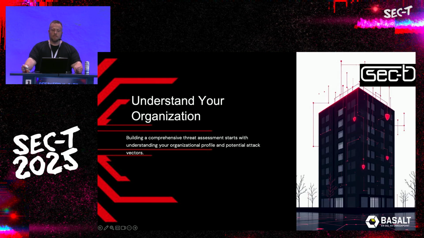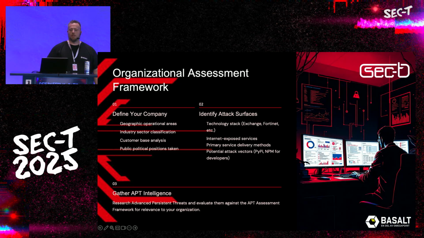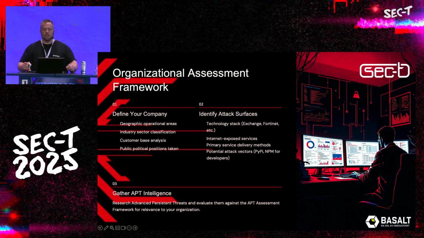So if we're going to do this, we need to first start to understand our own organization. You need to really put together your organization profile and what potential attack vectors it is giving. And looking at that, you need to really see what sector, like I said, you're in. Are you in gas, research, are you developing software, is it for the private or the government sector?